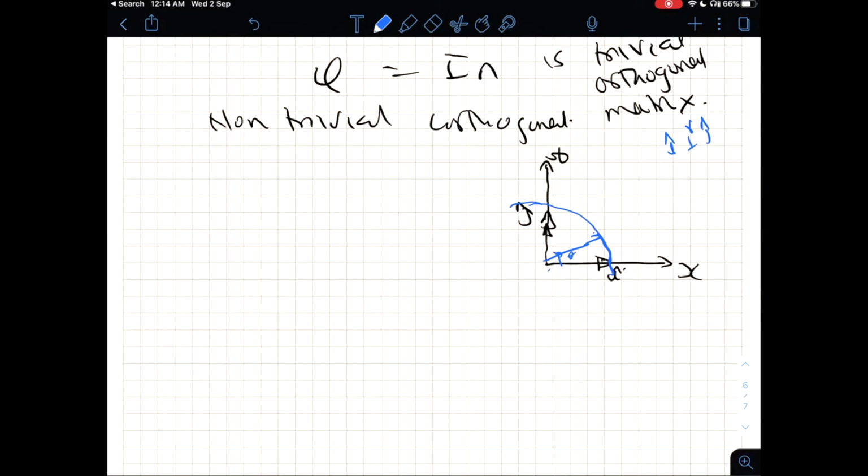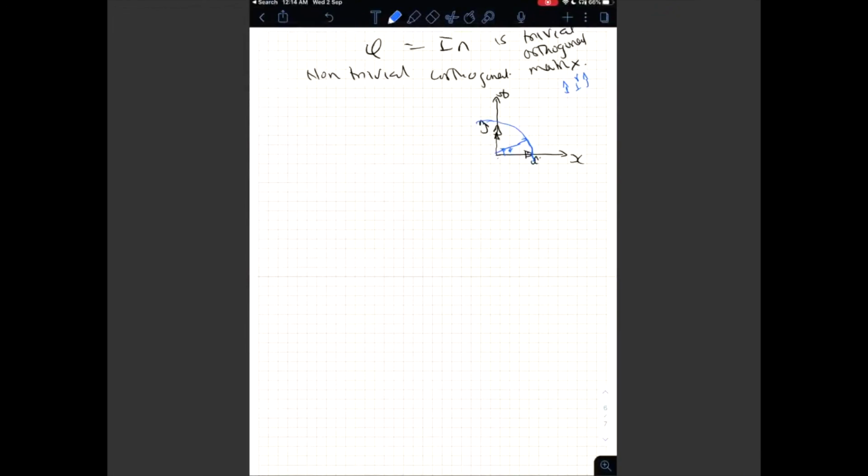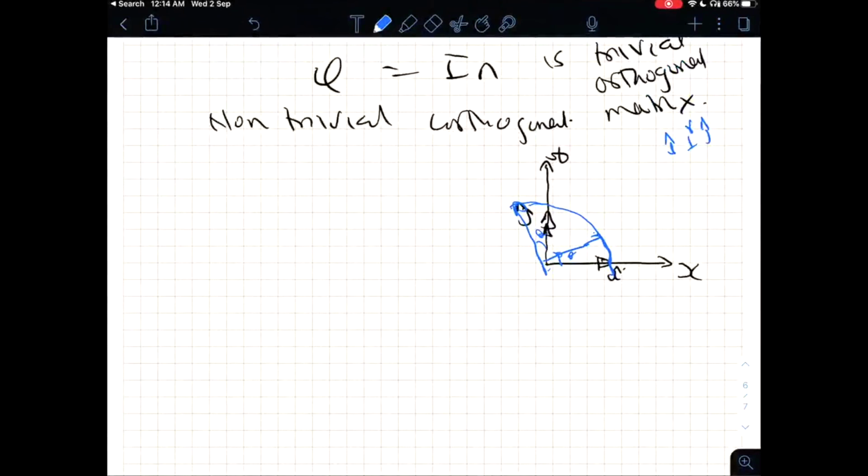So if I rotate this by theta and I want to maintain the perpendicularity, then I will have to rotate this also by an angle theta.